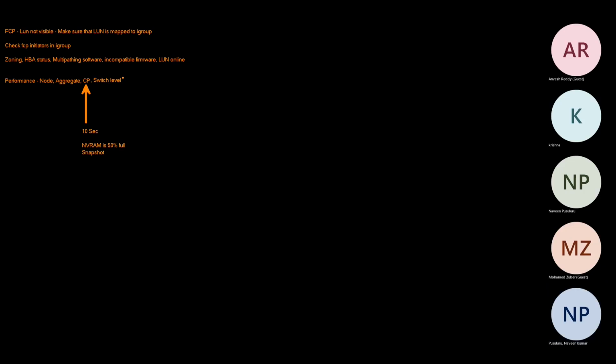Okay, yeah, like that we need to take a look at everything when it comes to a performance issue. We cannot straight away say that the issue is here or there. We need to dig one by one. But the good thing is that when it comes to performance issues, we have OCUM, right? OnCommand Unified Manager, which is Active IQ Unified Manager nowadays, will help us by giving us the reason.